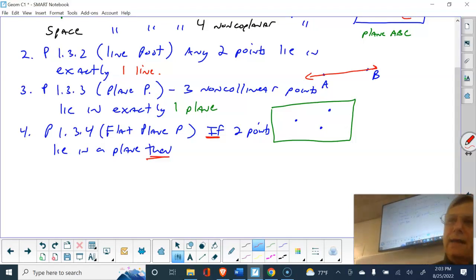Geometry is full of a lot of if-then situations. Now they're telling us, hey, we got a condition. If this condition is met, then here's the conclusion.